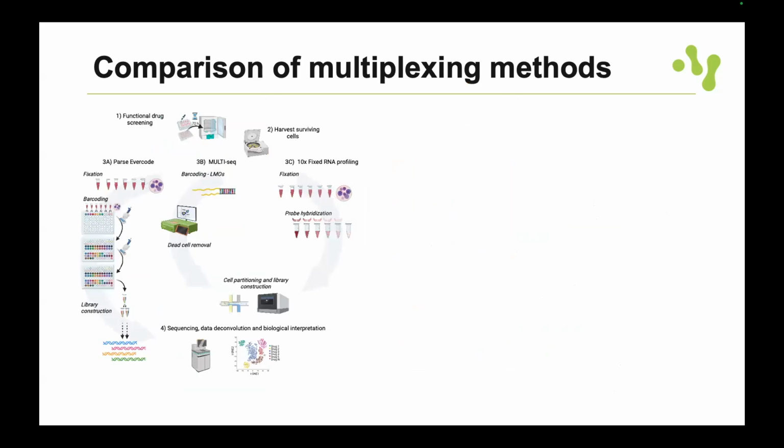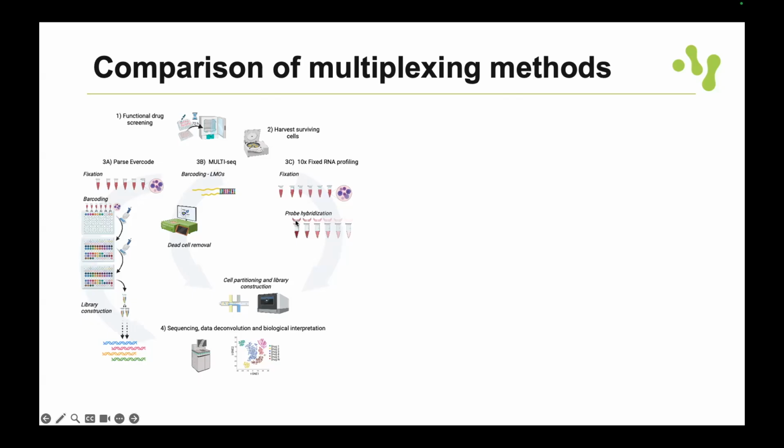And then I will mention one more comparison, which I actually performed myself. We have a drug screening project. So we compared the split pool with Parse, and we had MULTI-seq, where we used oligos with a lipid moiety for multiplexing, or we used the 10x Fixed RNA Profiling, which is probe hybridizing.